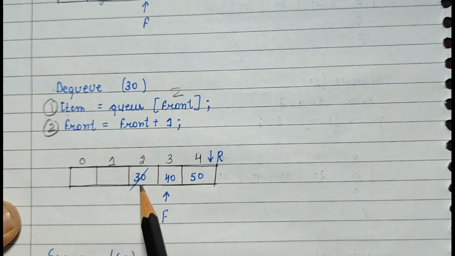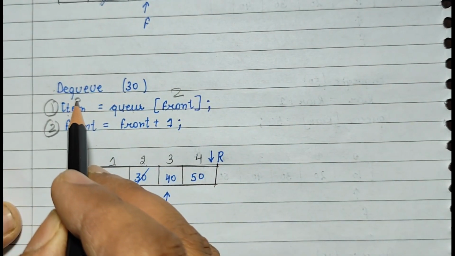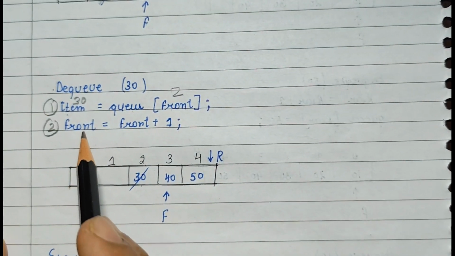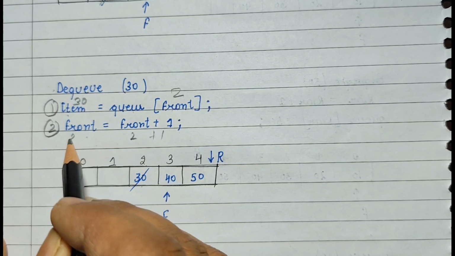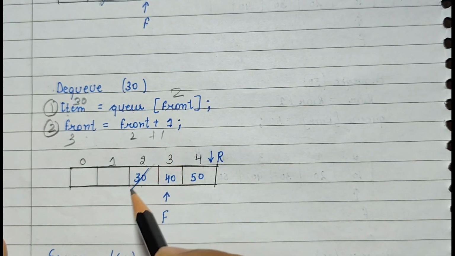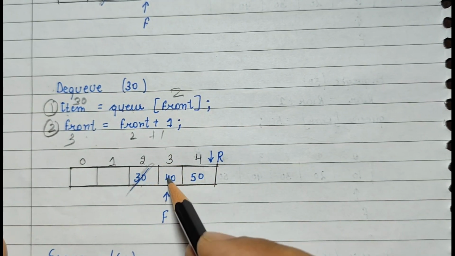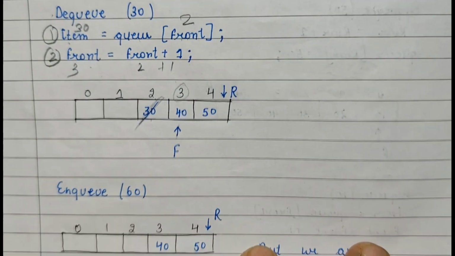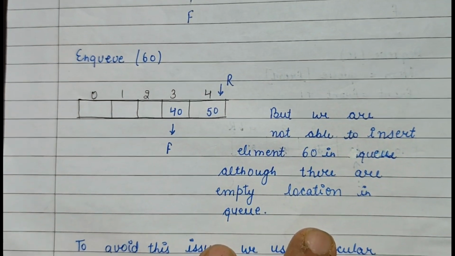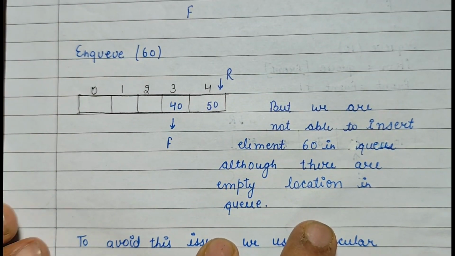What is the value of Q of 2? Q of 2 is 30. So 30 goes here. And after this, front is equal to front plus 1. 2 plus 1 is 3. After deleting this 30, front points to the third index. This one. I hope all of you are clear how to perform the dequeue operation.